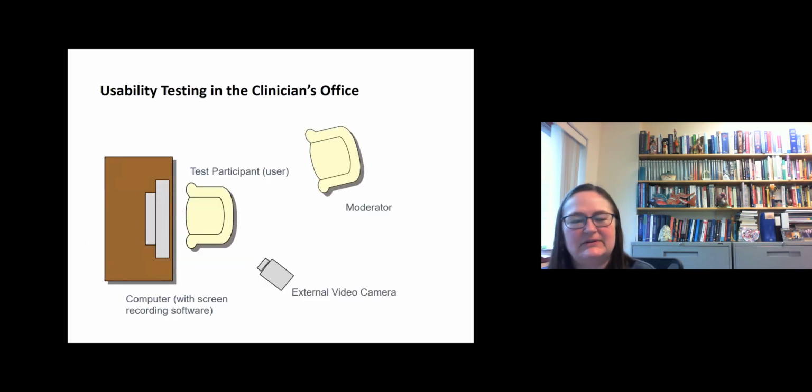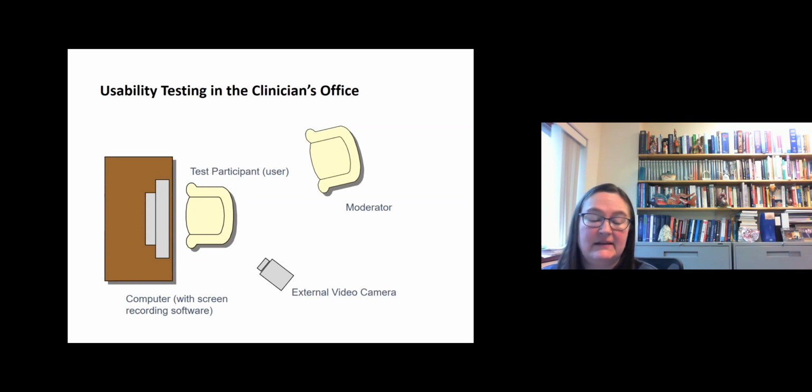So what you would do is you would have an individual that might be stepping through the user interface, performing specific tasks. You have a moderator that would ask some questions, perhaps at the end of the session. And then you would have either an external video camera, or you might just exclusively do screen recordings, depending on the task or activity.